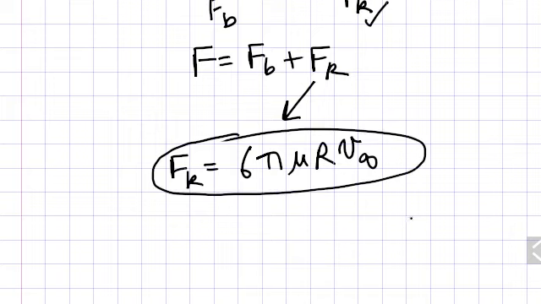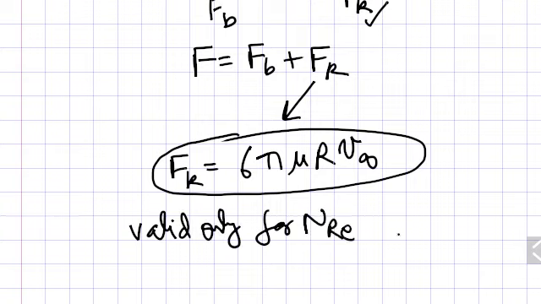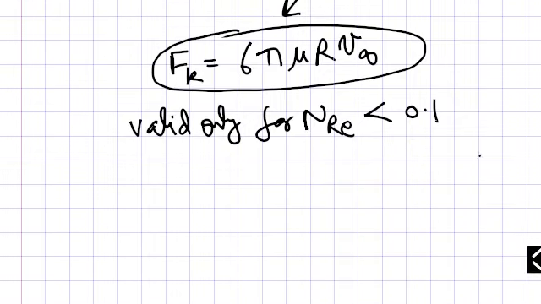So this is called Stokes law, and it is valid only for Reynolds number less than or equal to 0.1. That is very important. If it is greater than 0.1, for example if NRE is 10, then this law will give you errors.